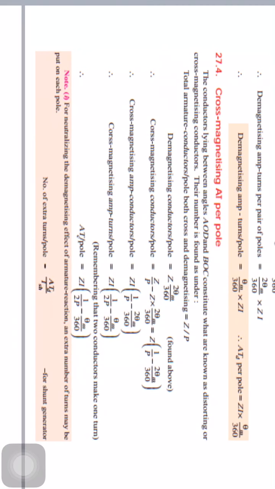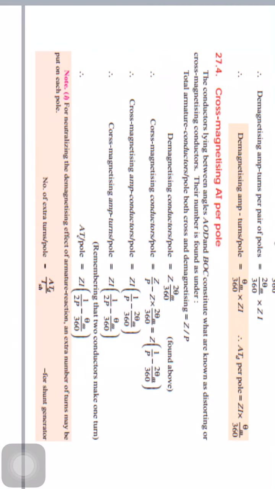And now cross magnetizing ampere conductors per pole is equal to Zi into 1 by P minus 2 theta m by 360. And now cross magnetizing ampere turns per pole, if we take the common term 2, is equal to Zi into 1 by 2P minus theta m by 360.